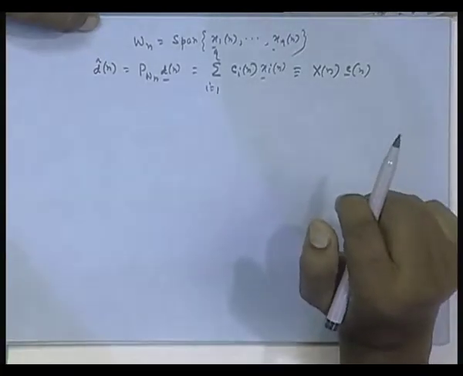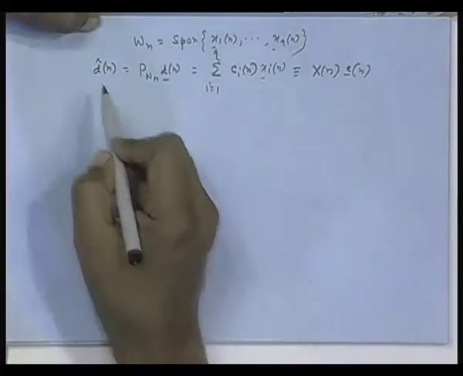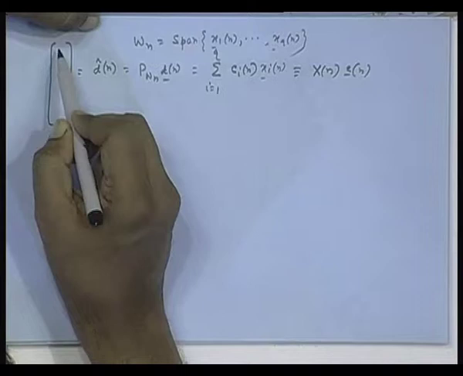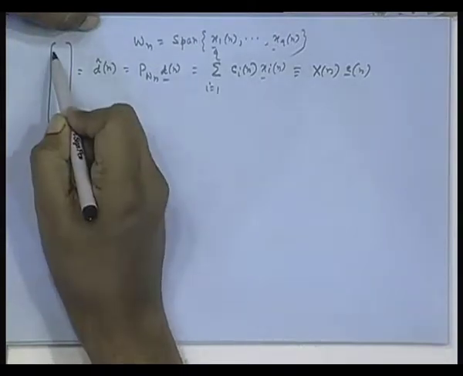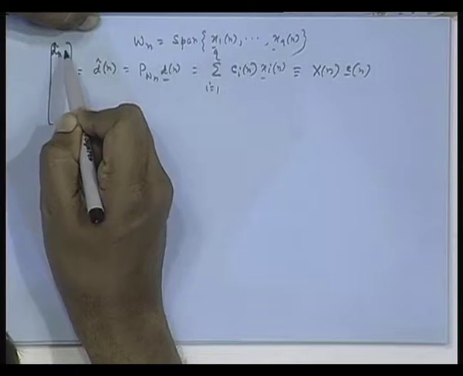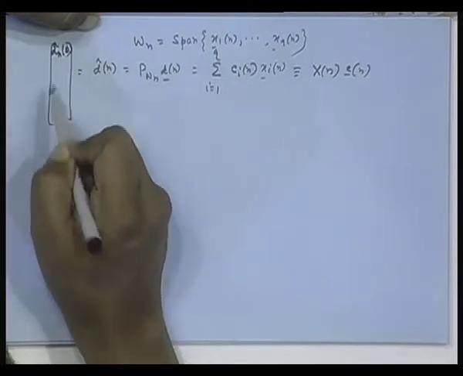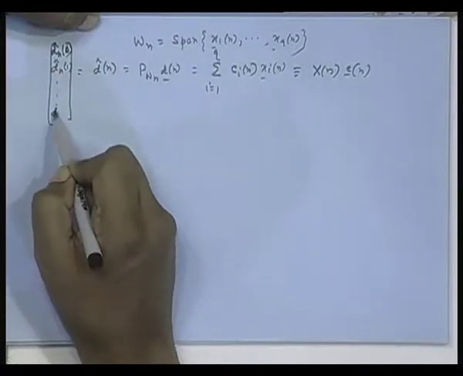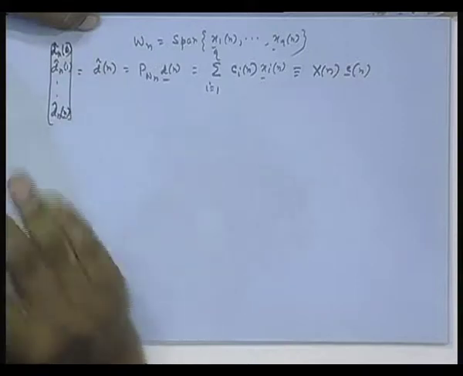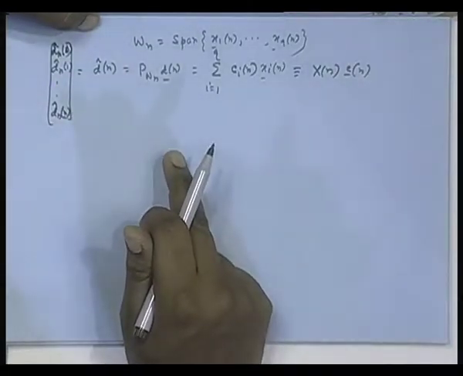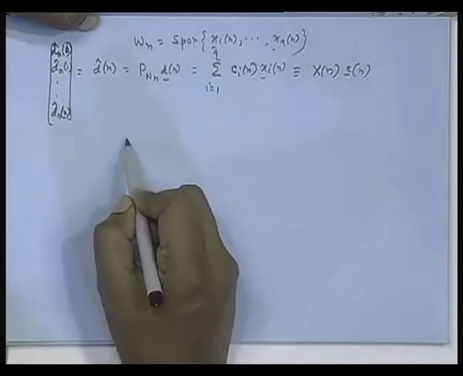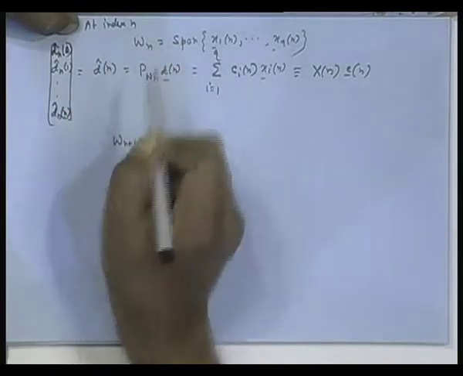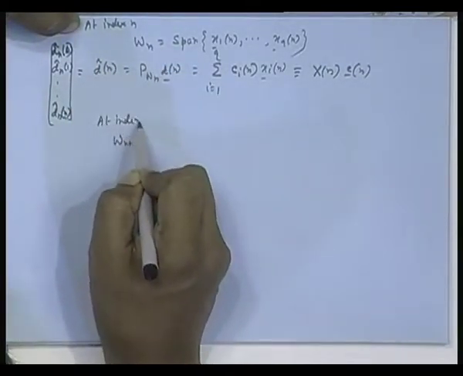Now see one thing. It is important to see this notation, d cap n. If I were to write it term-wise, you should write like this: d cap n 0, d cap n 1, with the subscript. You will see very soon why I am doing this elaborately. Suppose you are now going to time index n plus 1, that is Wn plus 1; this is at index n, and now at index n plus 1.